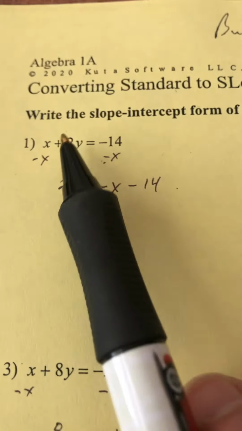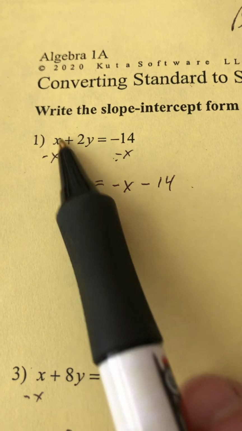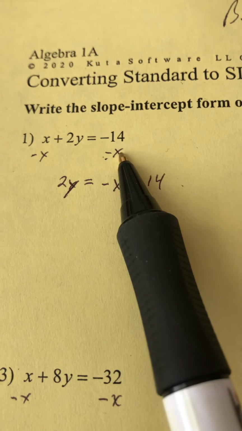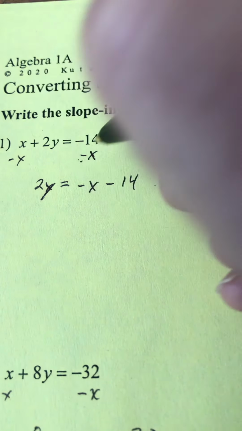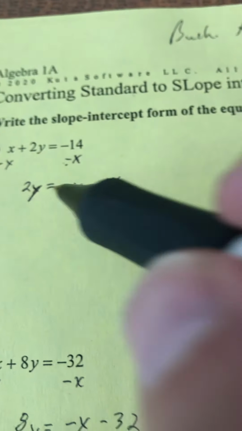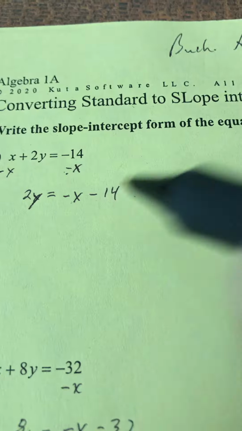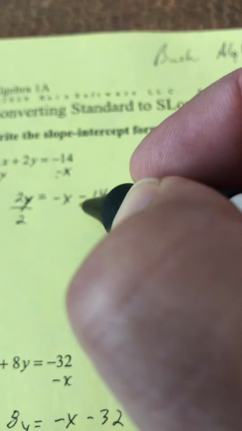So we need y by itself, so I'm subtracting the x from this side to get rid of it. What you do to one side of the equation, you always have to do the other, remember. So in doing that, I subtract x from both sides, and I'm left with 2y equals negative x minus 14. Now I'm going to divide both sides by 2.